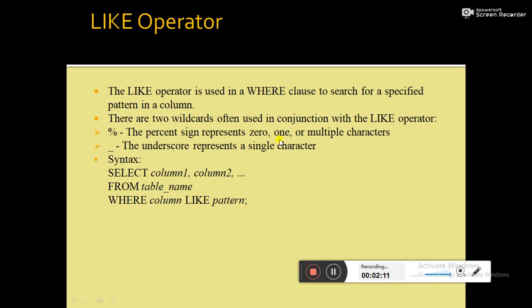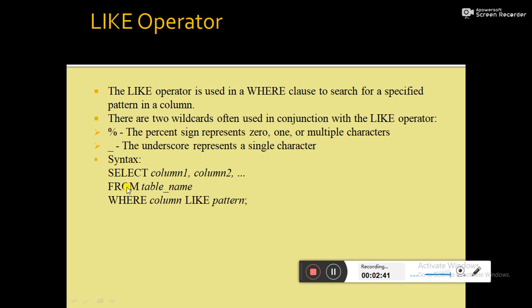For that comparison we have to use two wildcards: the percentage sign and the underscore sign. The percentage sign represents 0, 1 or multiple characters, and the underscore sign represents a single character. How to use them I will discuss in the next slide.